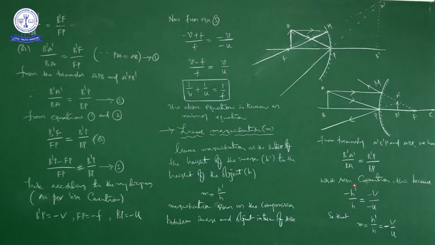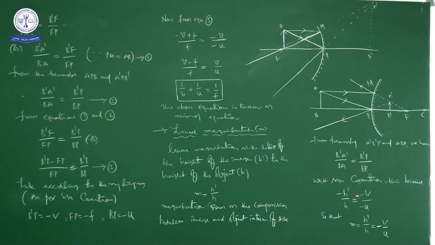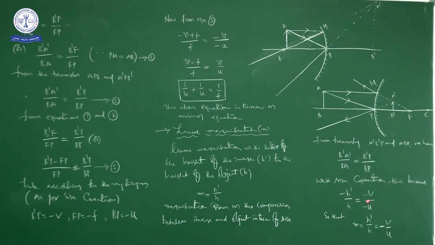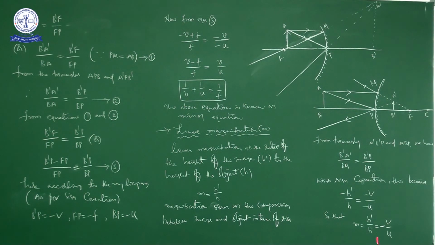So with the sign convention, minus H' by H is equal to minus V by minus U, so that M is equal to H' by H is equal to minus V by U. Because we used either concave mirror or convex mirror, both, just see the last step and you can get the conclusion. Don't depend upon these intermediate steps.